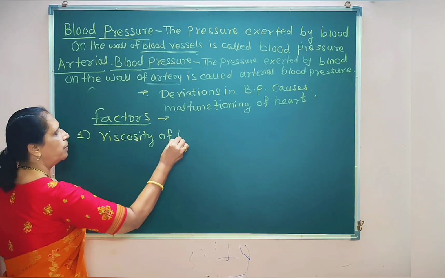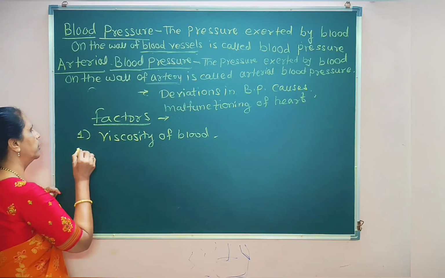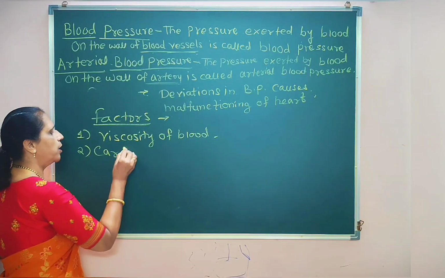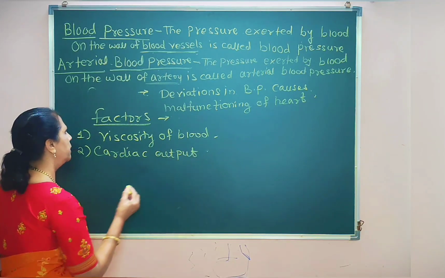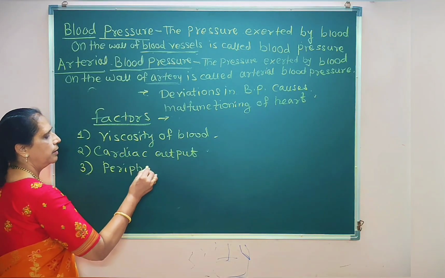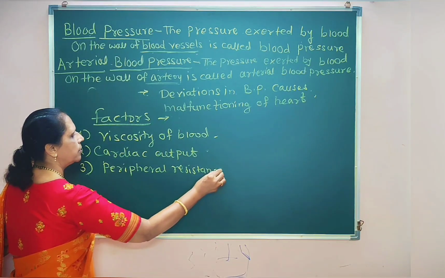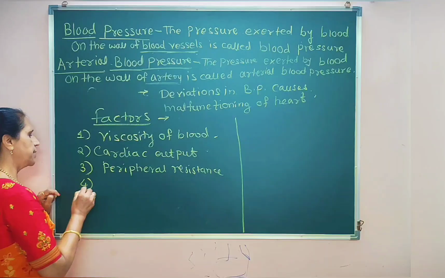If the viscosity of blood increases, the blood pressure also increases. If the cardiac output increases, the blood pressure also increases. If the peripheral resistance of artery increases, the blood pressure also increases.